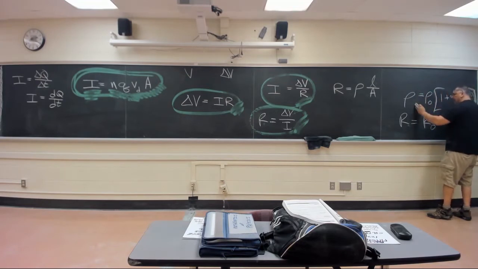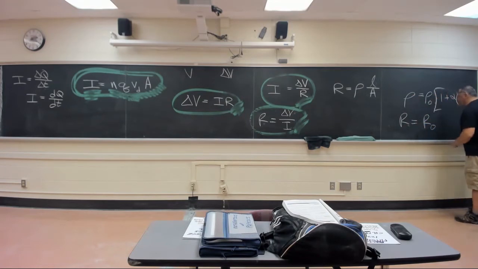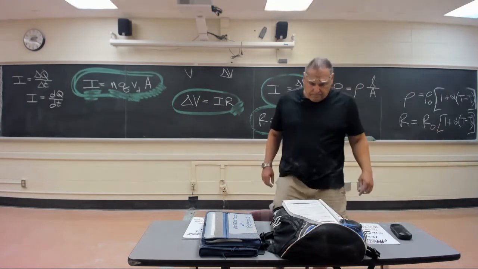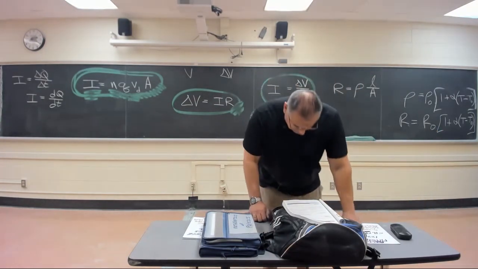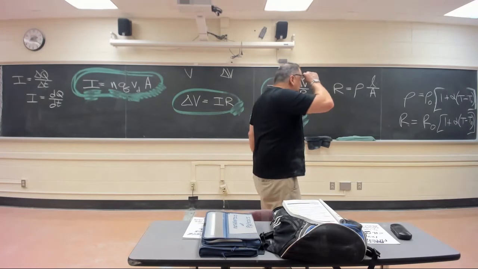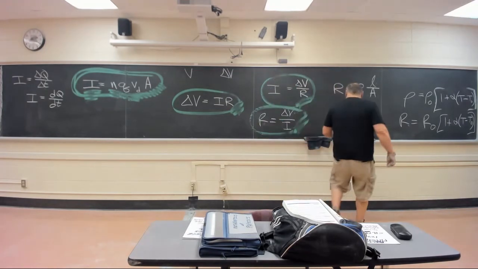L over A times rho is R. L over A times rho sub naught is R sub naught. That's where they're getting this, you guys. And they talk about different things, guys, and we'll talk about them as well.